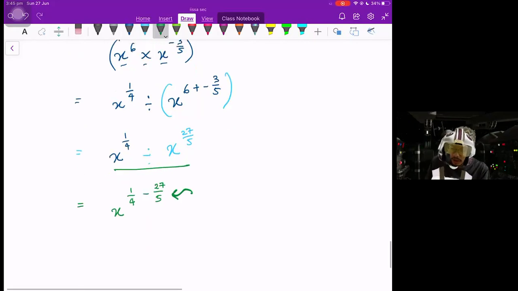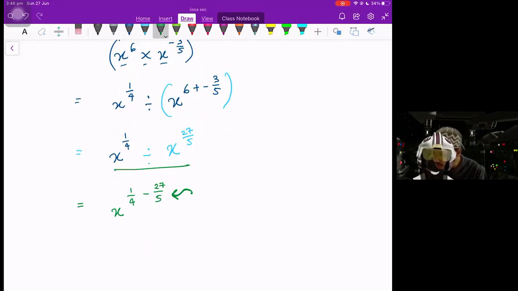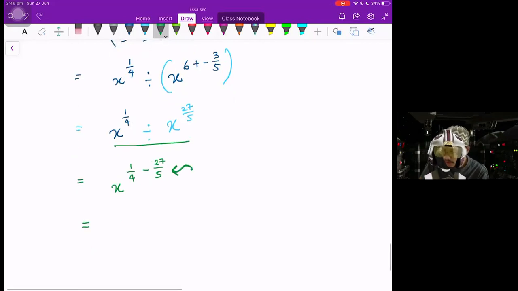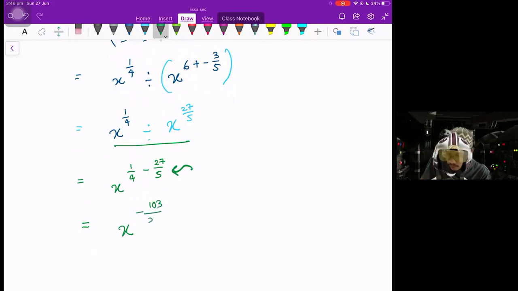I wouldn't be bothered doing it manually because we have a calculator. So 1 over 4 minus 27 over 5, the answer is going to be, I'll change everything to improper fractions, x to the power of negative 103 over 20.